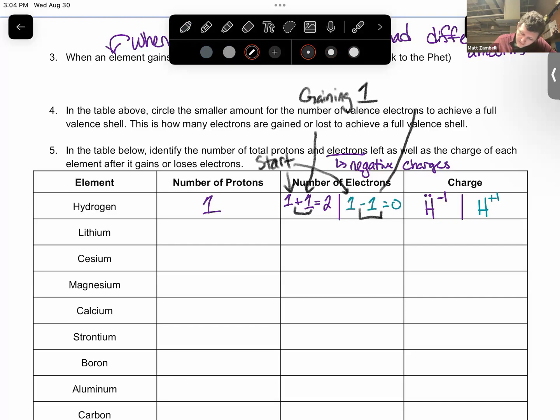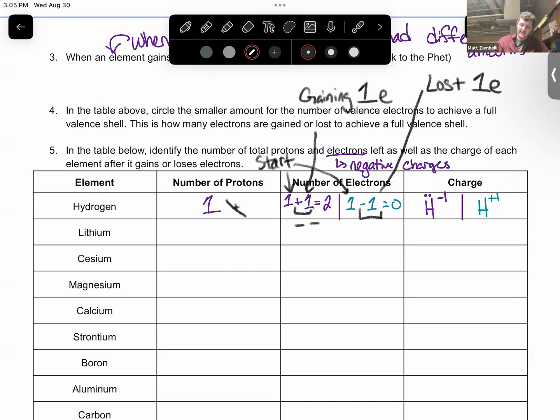This time we lost one electron. Let's put electron there so we remember it's lost an electron. All right, which means it lost a negative charge, which is why we're getting more positive or more negative, right? Again, if we think about hydrogen, we have one positive and then we'd have two negatives on this side.